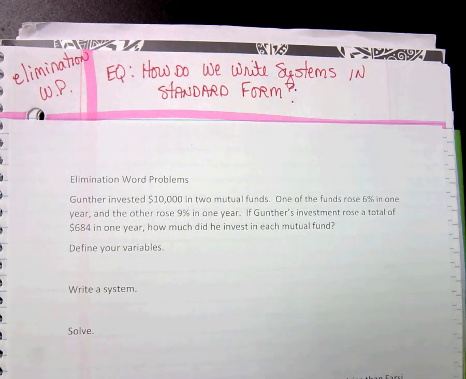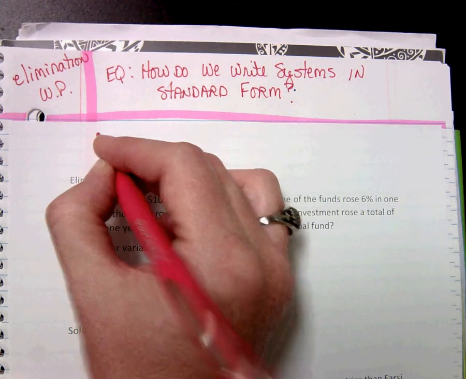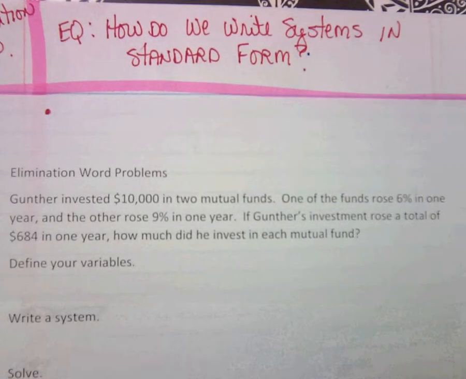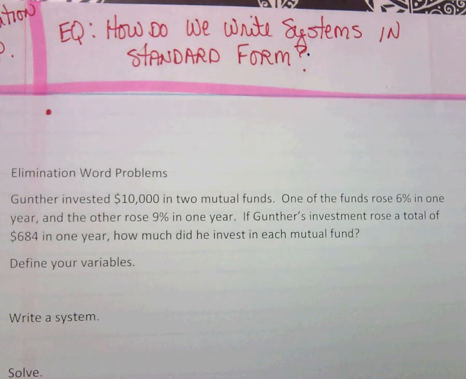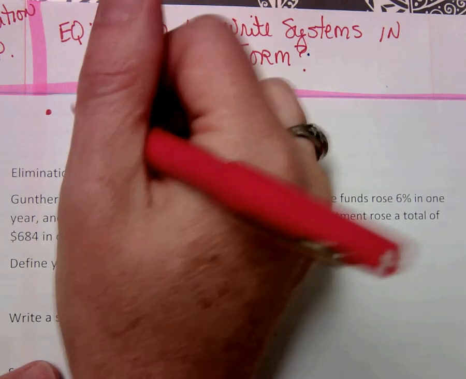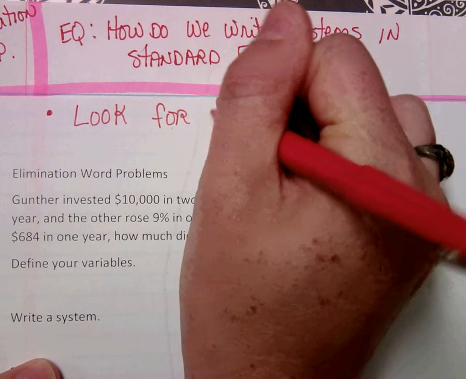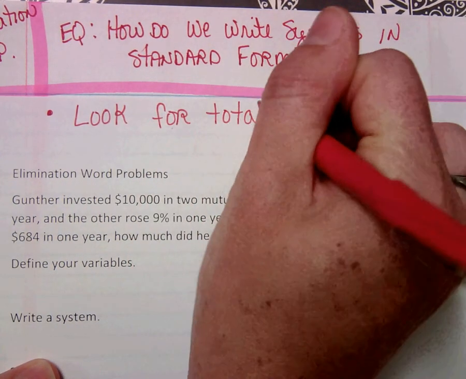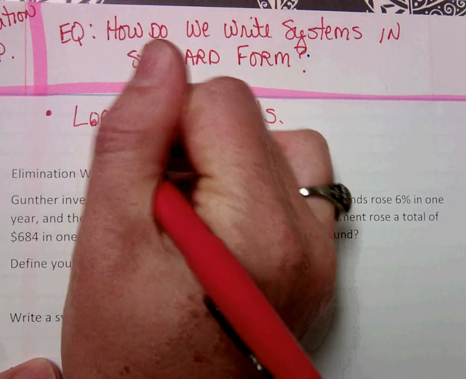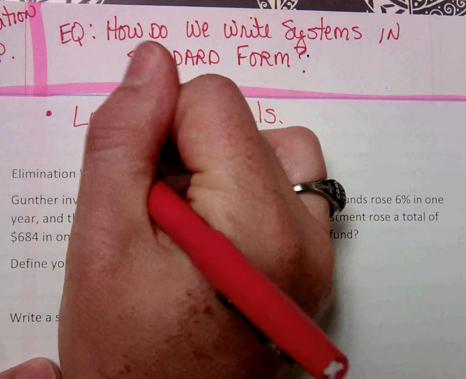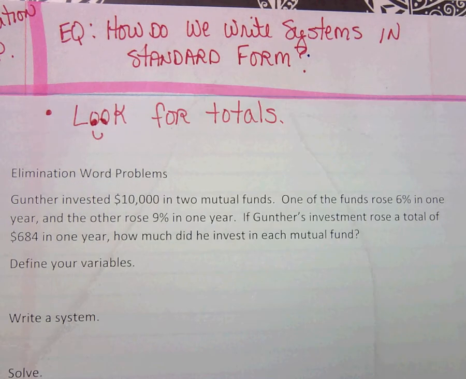So one of the first pieces that I want you to think of are there's two things that we want to do here when we look at these word problems. Number one, we want to look for totals. A total dollar amount, a total amount of tickets, a total amount of hats, a total amount of people.